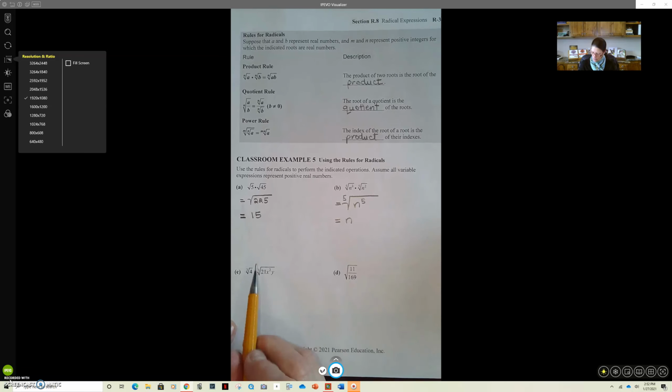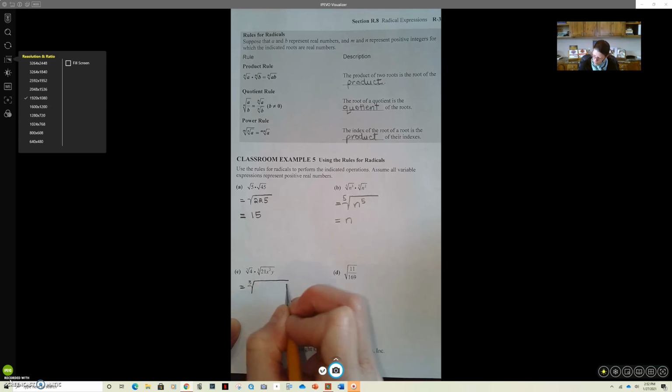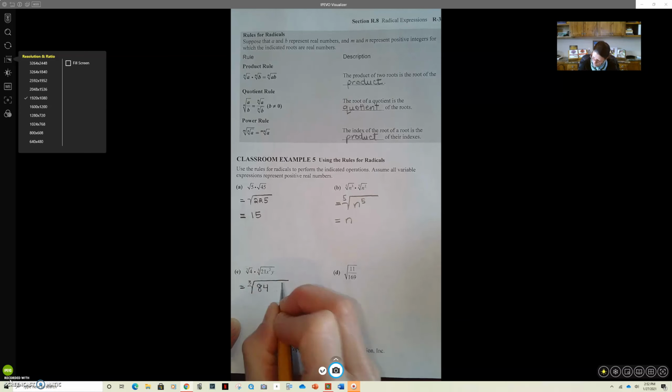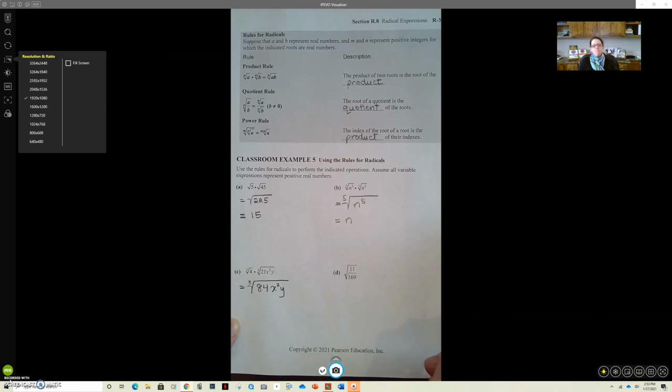In part C, these are both cube roots, therefore we can multiply the radicands. It's the cube root of, I'm going to go ahead and perform this multiplication, 4 times 21 is 84, and we've got an x squared y.